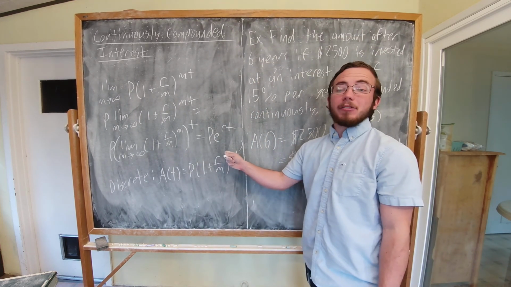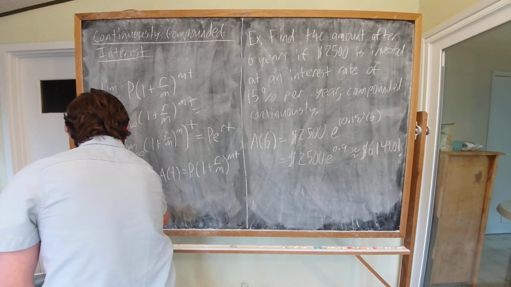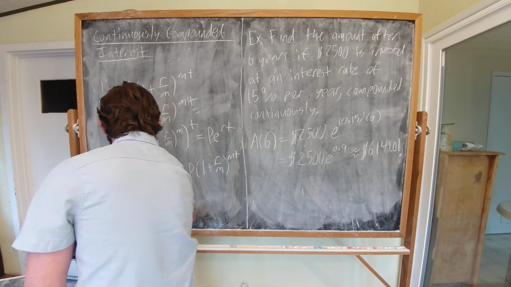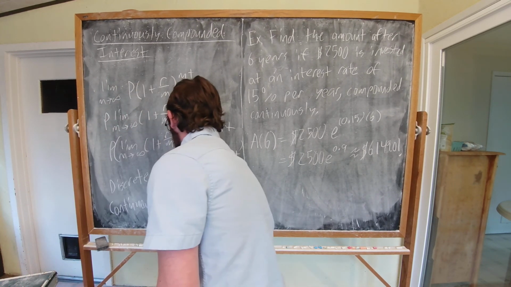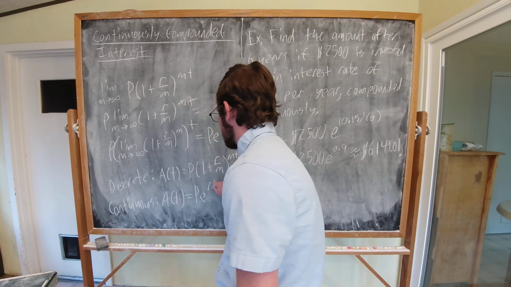So this is if you're compounding m times. And then we have the continuous compounding formula, which is A of t is equal to P times e to the rt.